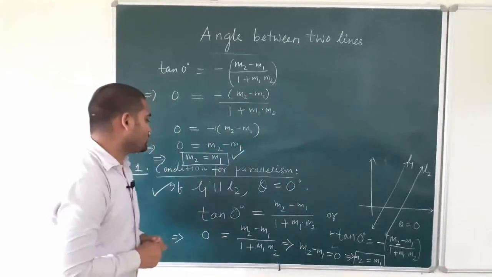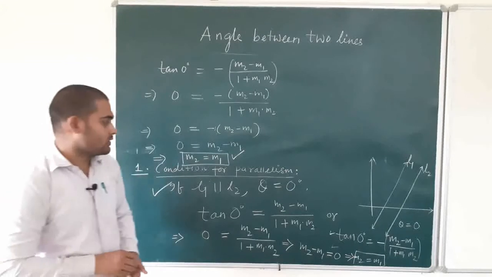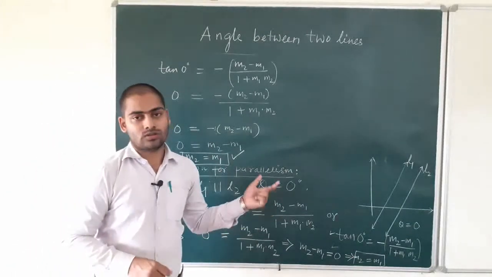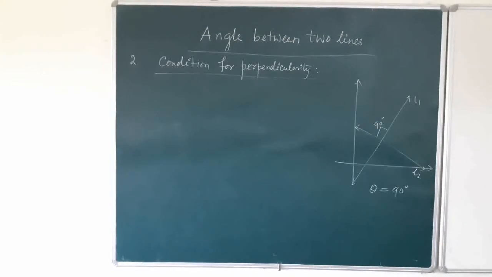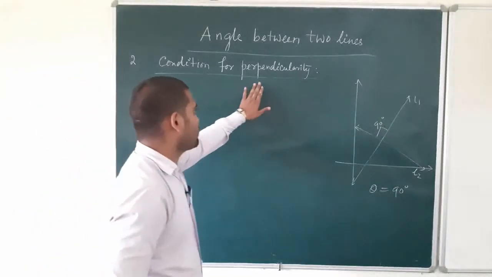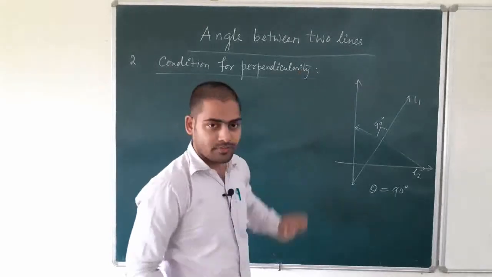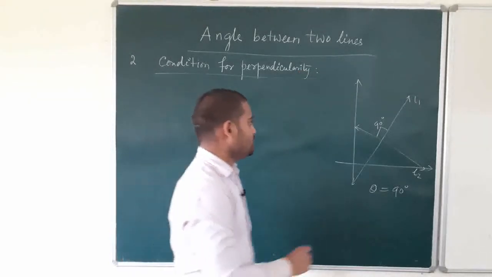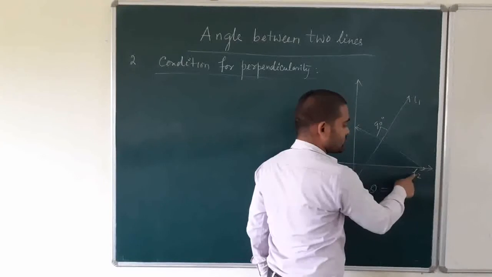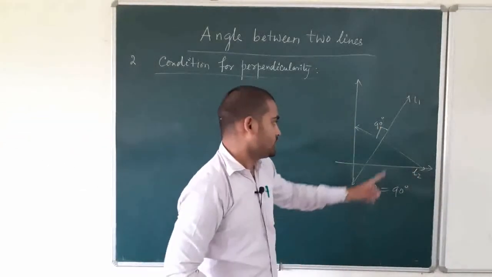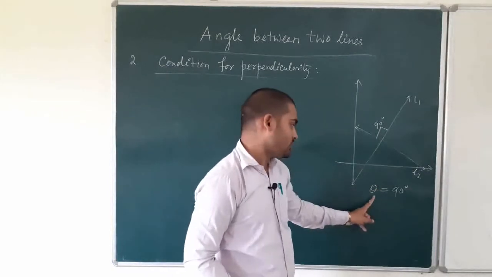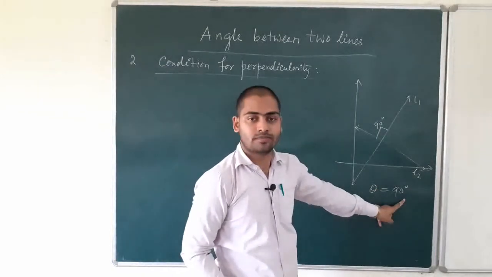Okay, now come to the condition for perpendicularity. If L1 is perpendicular to L2, then the angle between them is 90 degree. That is, theta is equal to 90 degree.